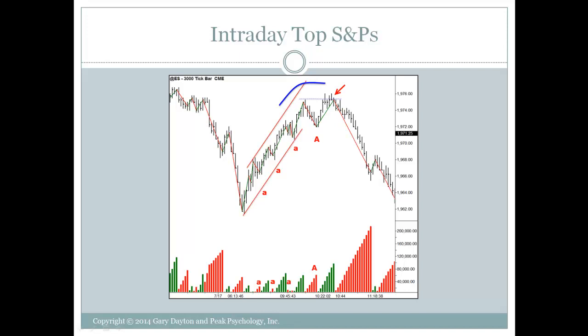Okay, so here we don't get that acceleration of the top up here, right, in this time frame. What we do get, though, is the shortening of the thrust. That's what this indicates. Right?